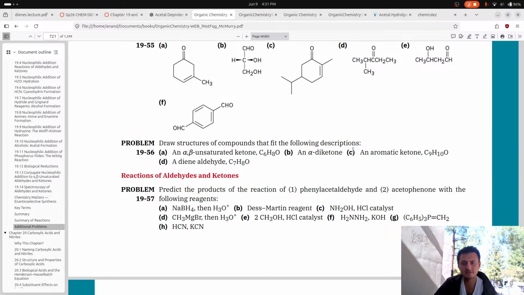A diene aldehyde. 3, 5, 6, 7, 8, 9, 10. So I think actually what we have to do is put, okay, so now we have 2, 1.